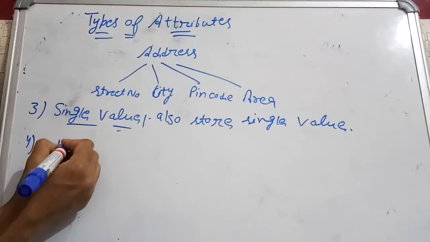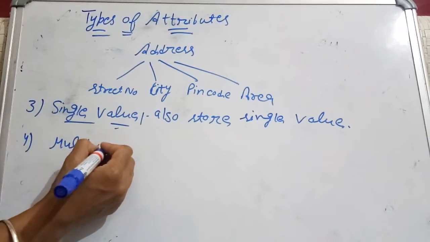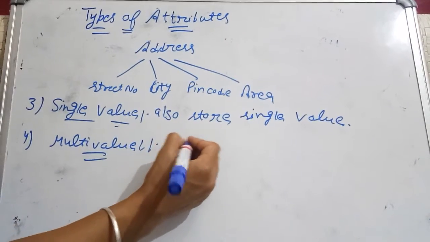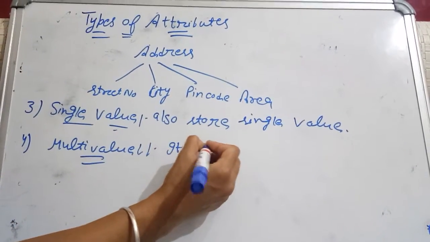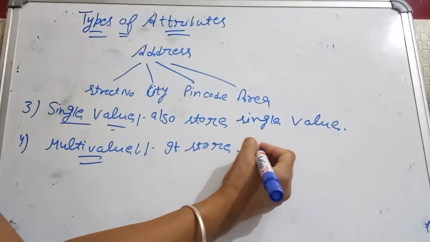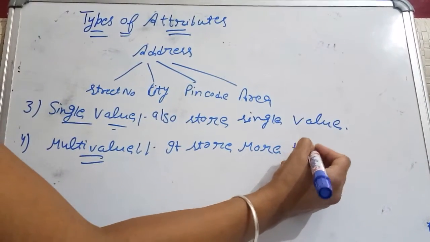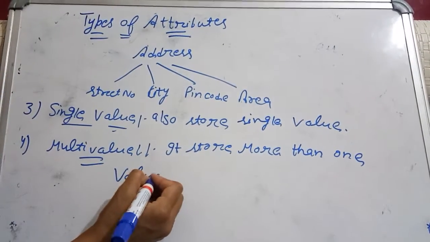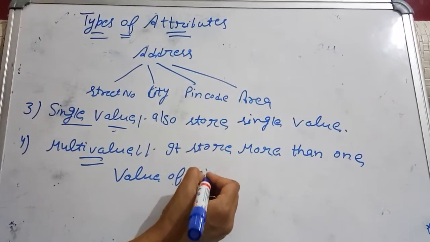The fourth one is multi-valued attribute. It stores more than one value of a single attribute.